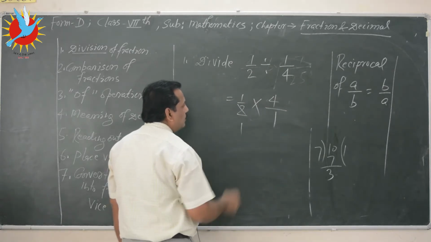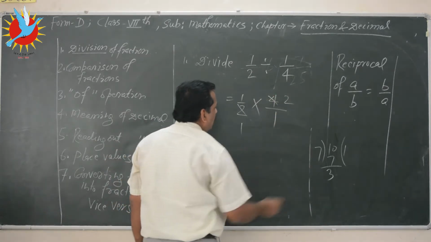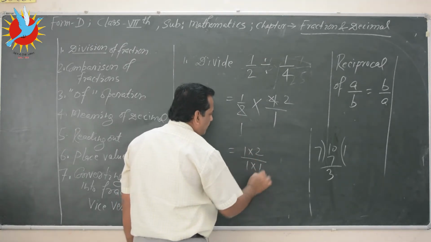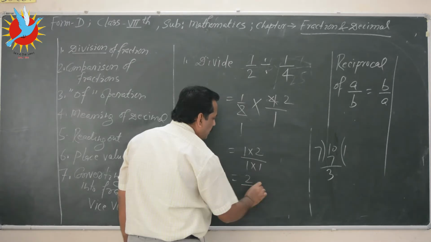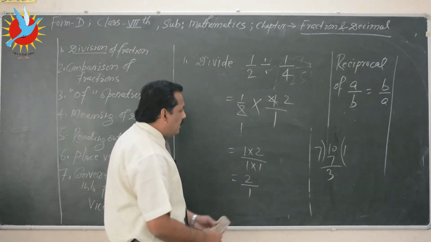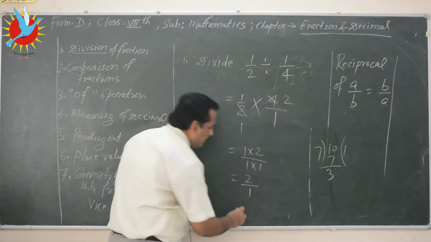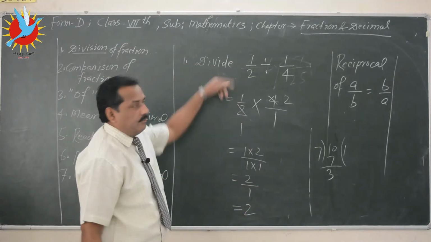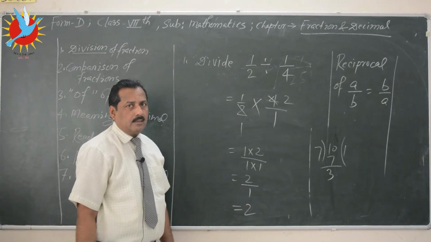Now reduce it. 2 1s are 2, 2 2s are 4, and this is 1 into 2, and this is 1 into 1. So 2 1s are 2, this is 1. If the denominator is 1, that is avoided, it can be simply written as 2. So this is the answer of this division.